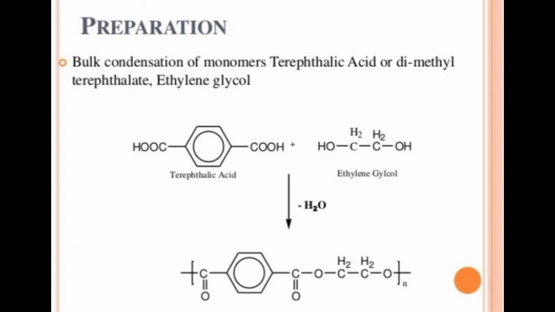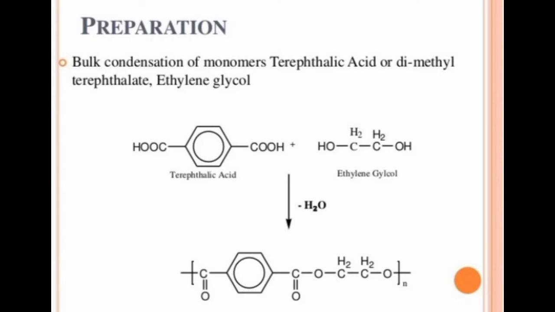Now the OH from both of the COOH groups of terephthalic acid are removed, and the hydrogens from both the OH groups of ethylene glycol are removed, in such a way that H and OH give rise to the formation of H2O, and the H2O molecule is liberated. After that, you get a polymer: OC, that is C double bond O, aromatic ring, CO, then OCH2CH2O.